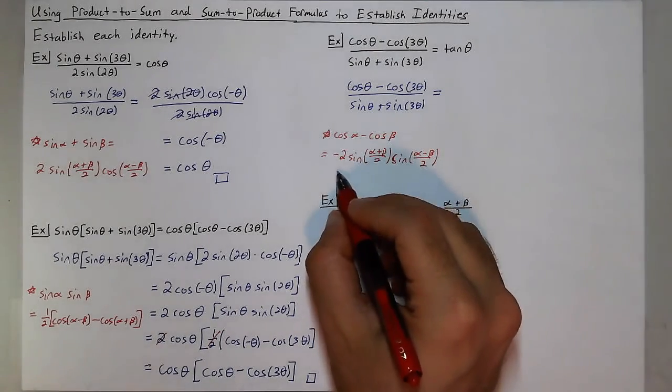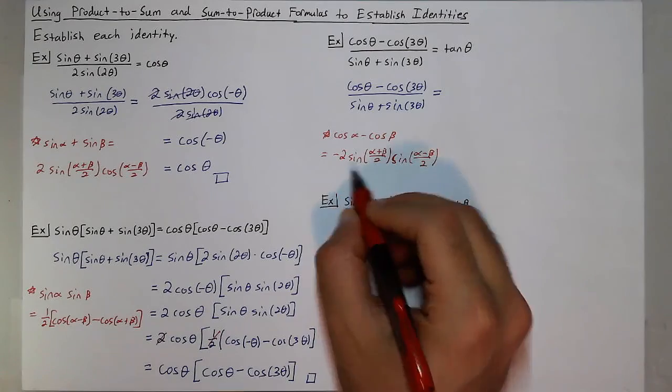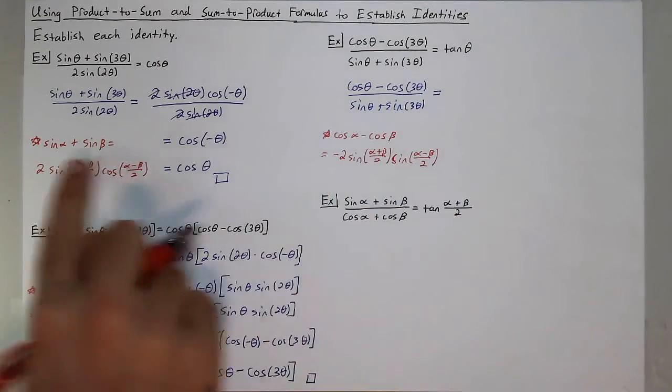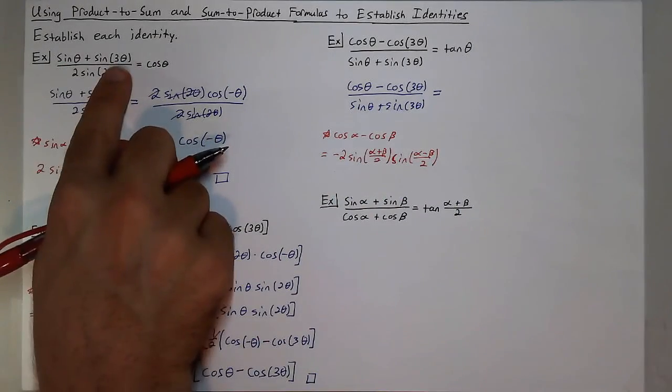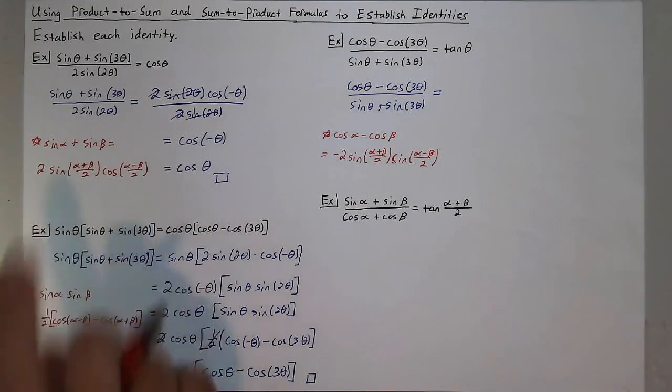And this can be divided by that sum formula, which again I have done earlier with sine of theta plus 3 theta, sine of 3 theta. I've used that formula earlier.